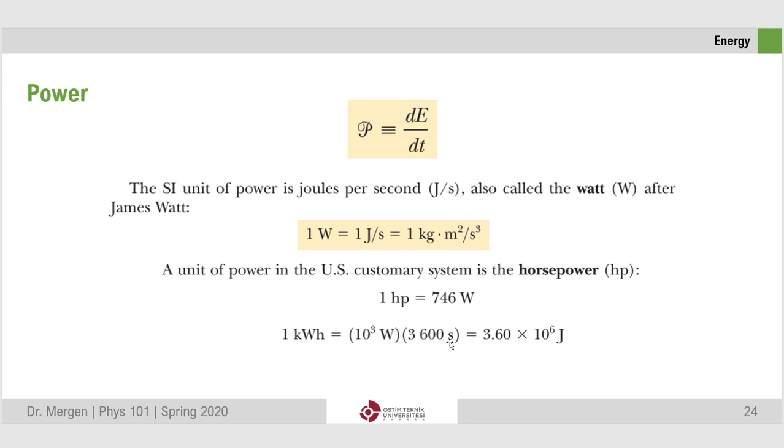Power designates the time rate of change of the energy, the change in the energy per unit time. And here we have an example of an energy unit, 1 kilowatt hour, and it is equal to 3.60 times 10 to the power 6 joules of energy. This is not power, this is energy.